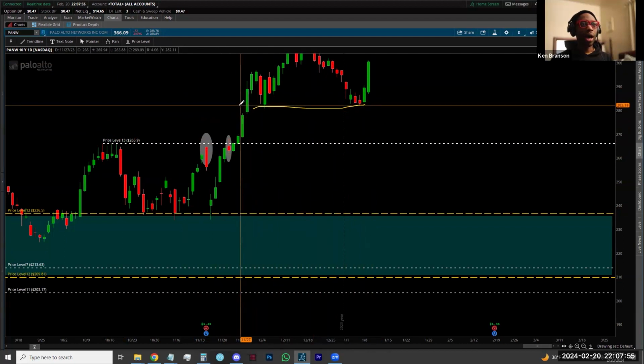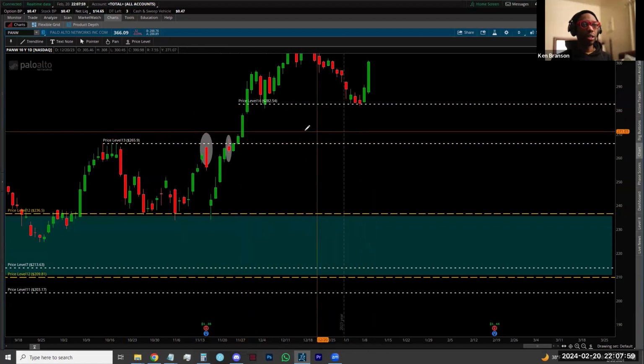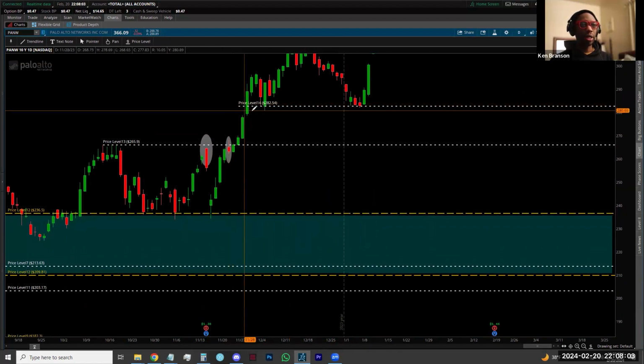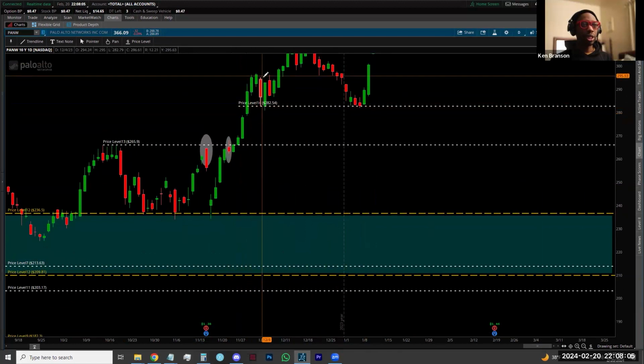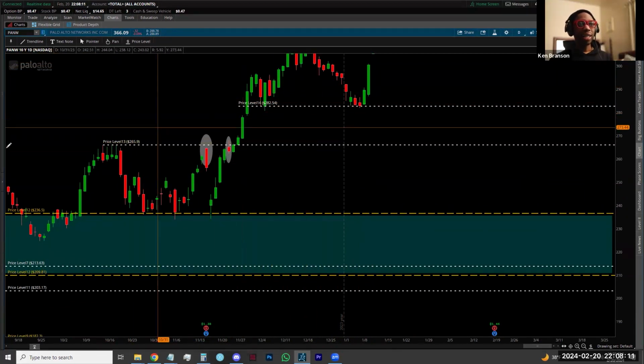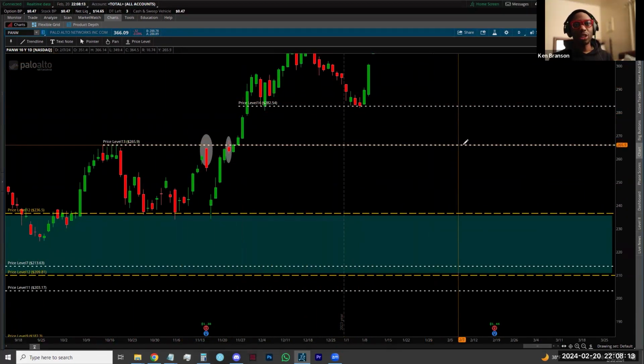I understand why Greg said what he said. Because we got new support right here. Price pushed up through this level and found some buyers and went up, came back down, found some more buyers and went up. I like this historical level as well, this 265.